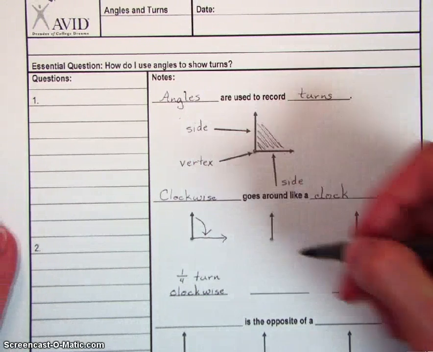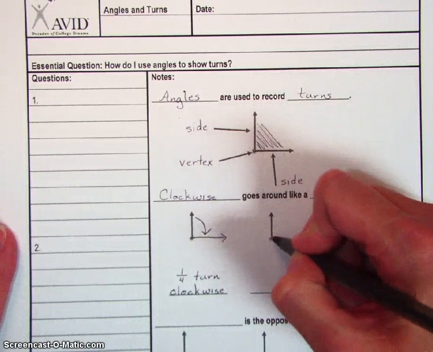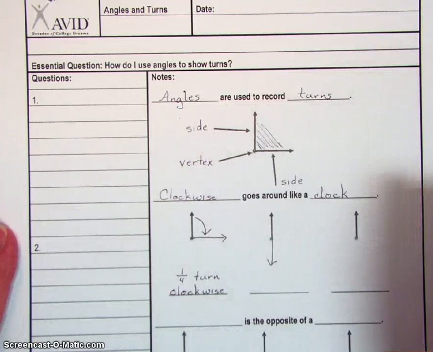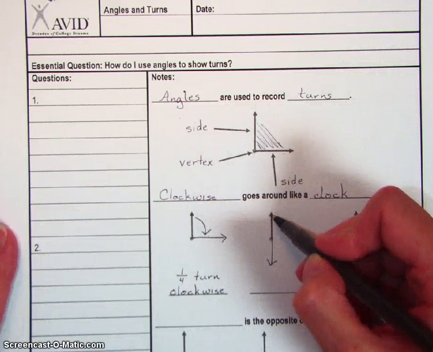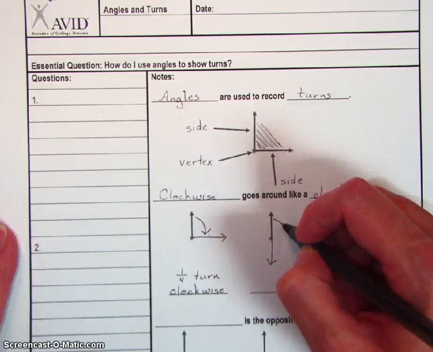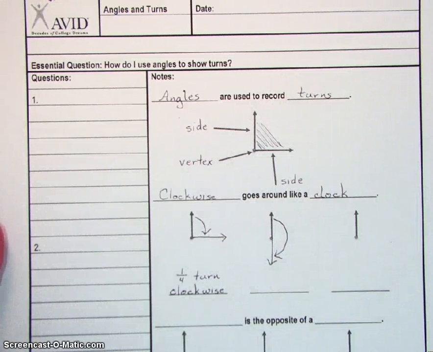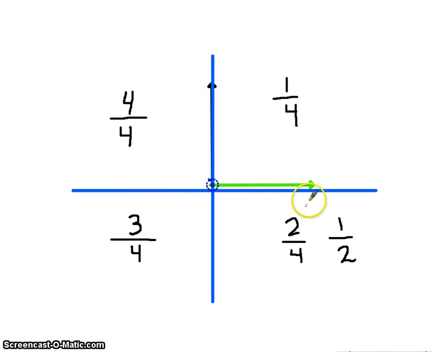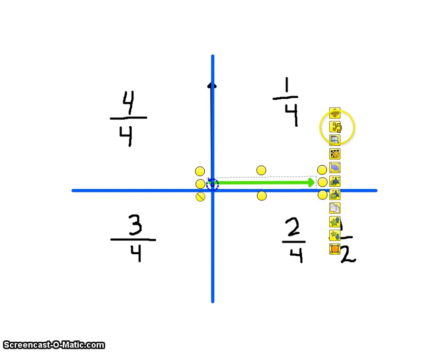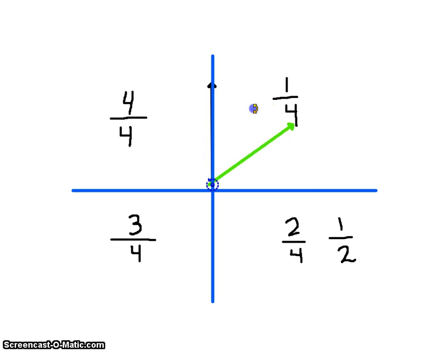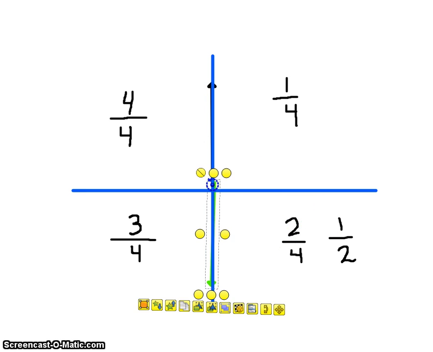On our next one, we're going to draw the second side straight down like this. We would have gotten there by taking the line, the side, and going all the way around this way. So let's take a look at our example on the other page. So this time, we're taking this little side, and instead of just going through the 1/4, we're going all the way down here.